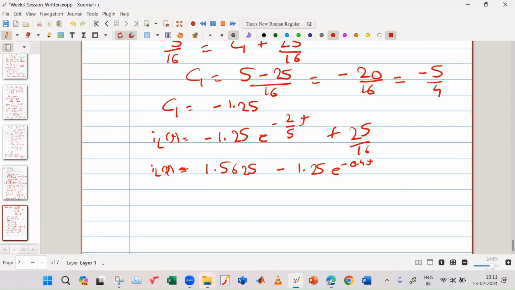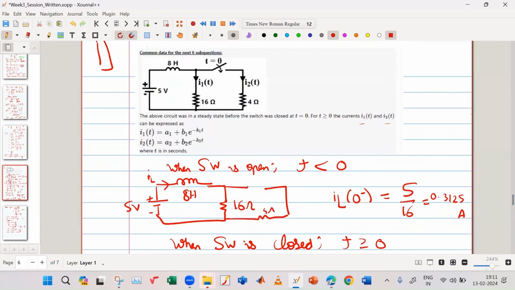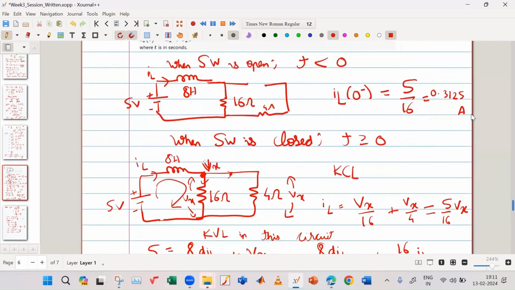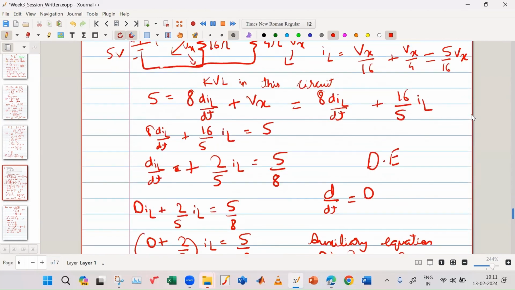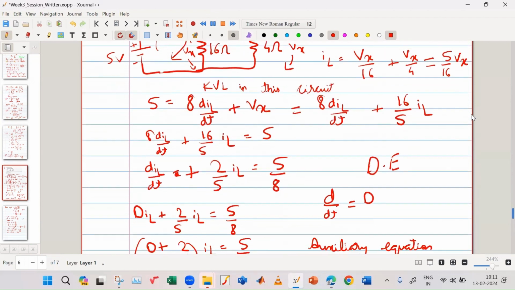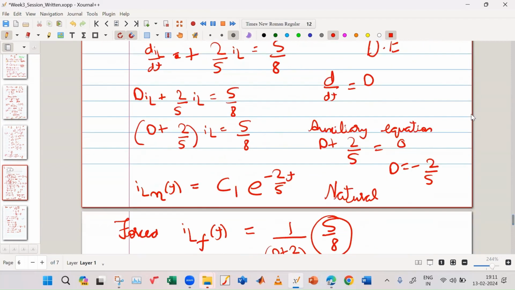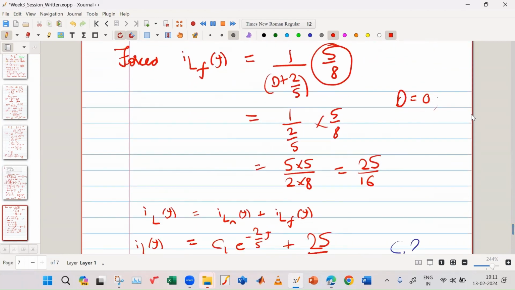So I have gone through so many steps and spent so much time. I wrote the differential equation, then I found the auxiliary equation, then the natural response, then the forced response.